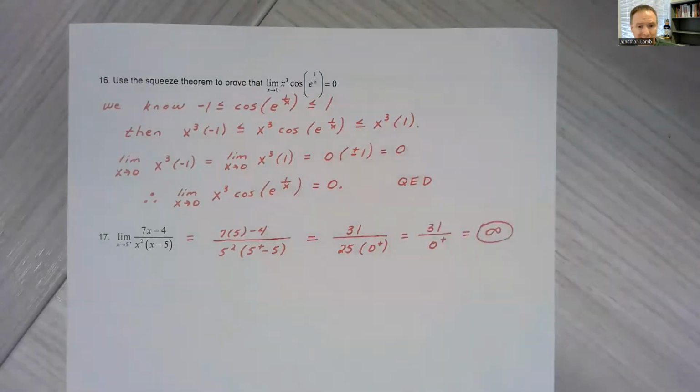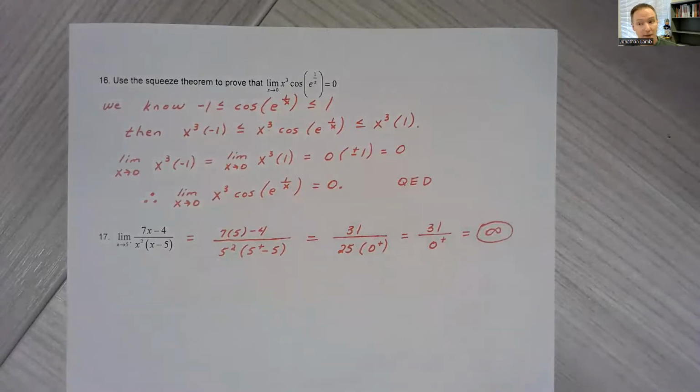Section 2.6 had squeeze theorem, and where we have sines and cosines most notably in there. If you have x approaching 0, yet inside the sine or cosine function, you say, well, yeah, but as x approaches 0, the angle does not exist. So what's the cosine of an undefined angle?